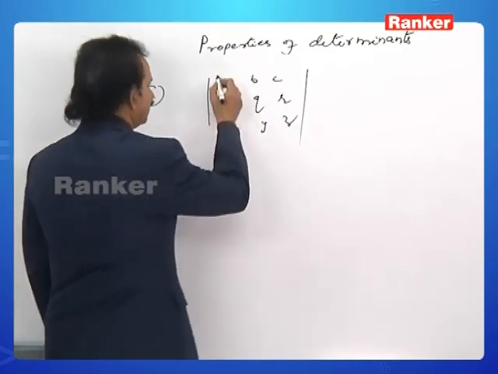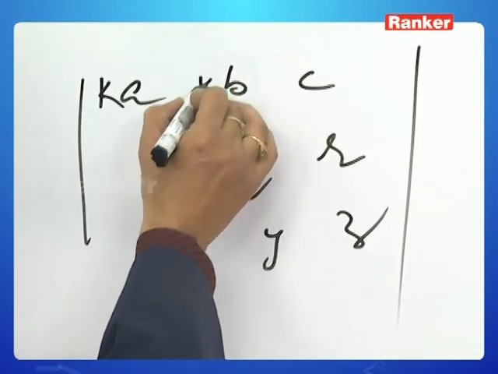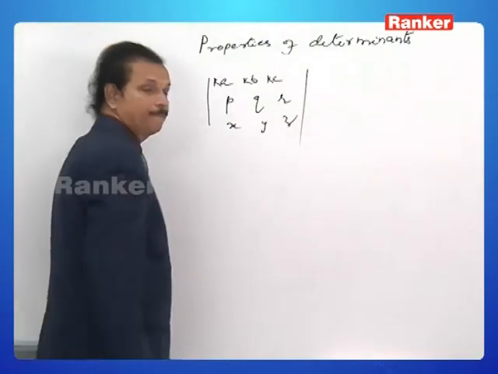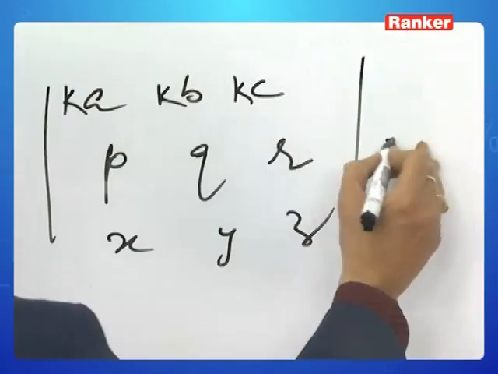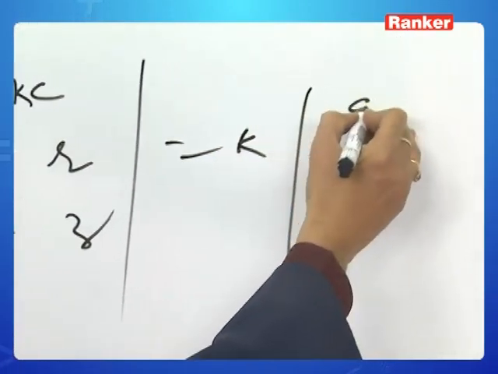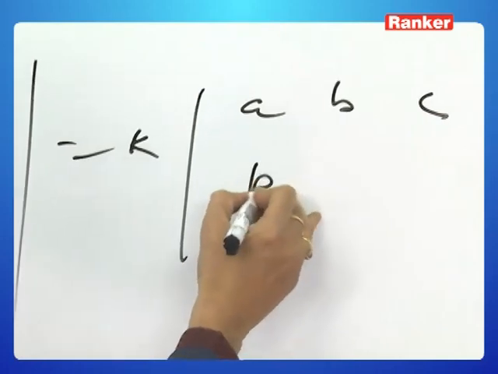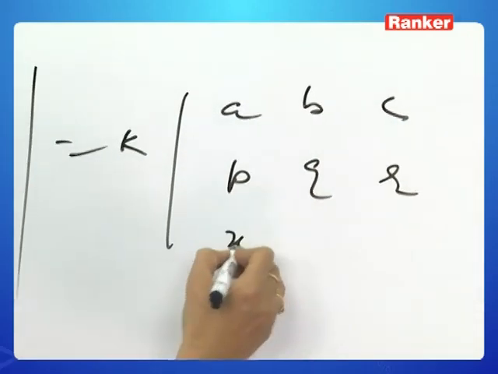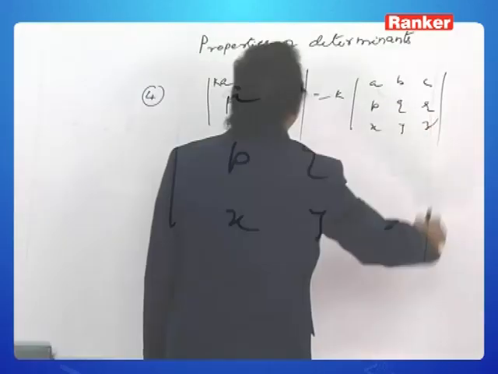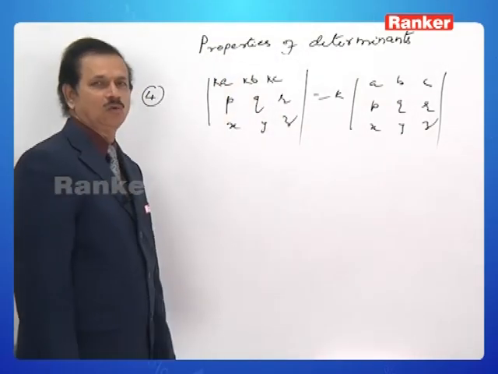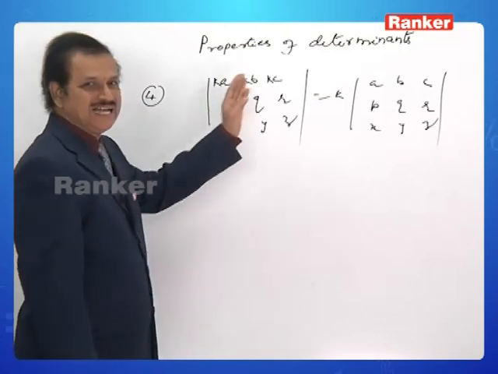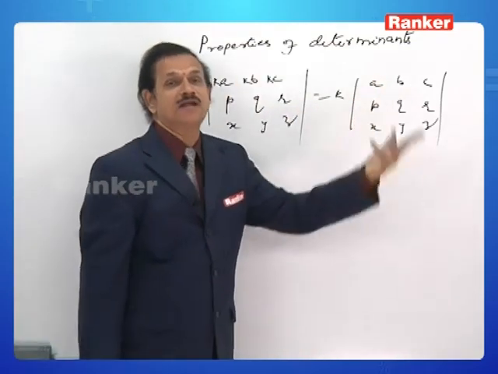So say first row is Ka, Kb, Kc. Then you can pull that K out from that row itself, leaving A, B, C, P, Q, R, X, Y, Z. This can be expressed in another way also. If the elements of a particular row are multiplied by K, then the entire determinant gets multiplied by K.